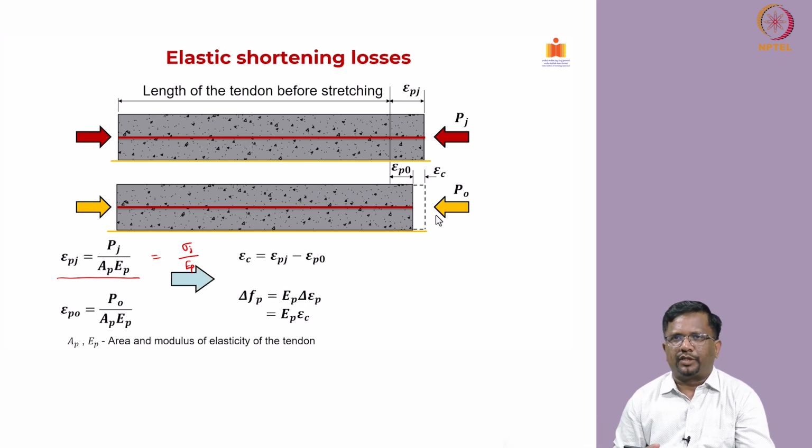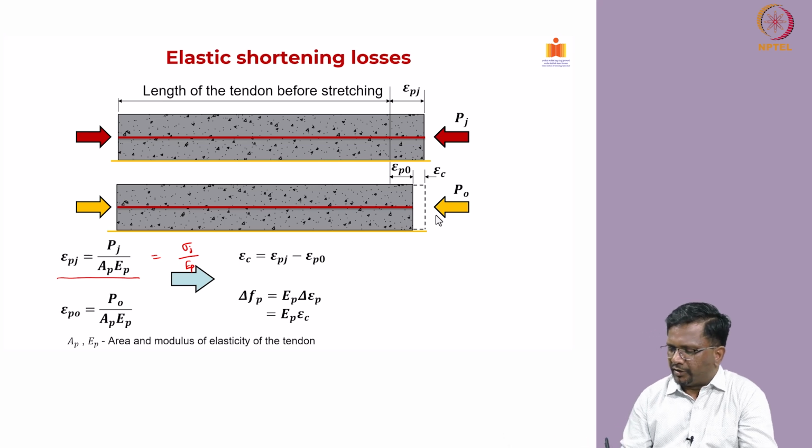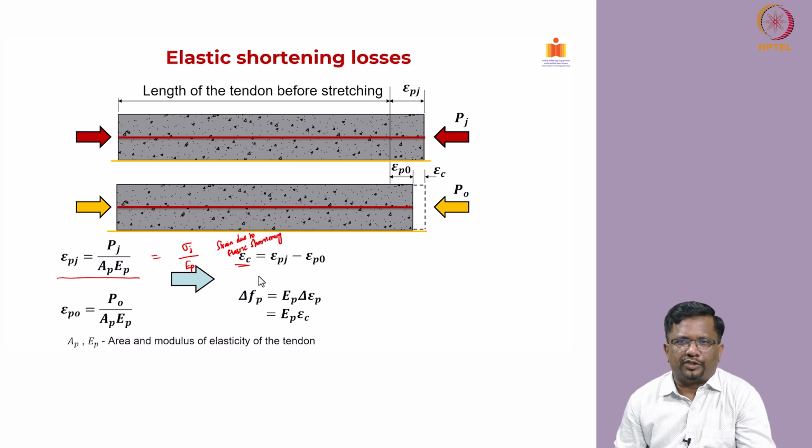So, when you see epsilon c, that is the strain due to elastic shortening, right, which is the difference, epsilon P j, the initial strain, minus epsilon P naught, and this is your epsilon c, that is the elastic shortening strain.